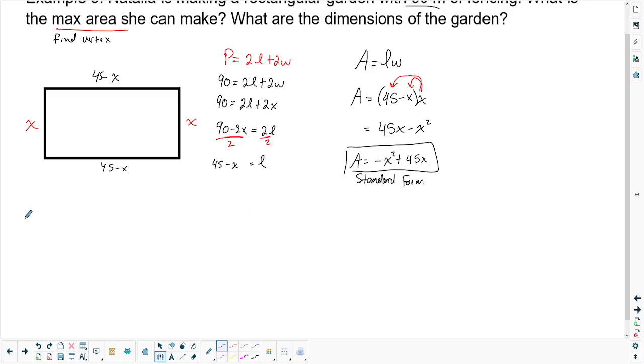So we need to get our h value, which is negative b over 2a. In this case, it's going to be negative 45 over 2 times negative 1, which is your a value, because it's just a negative there. And that is negative 45 over 2.